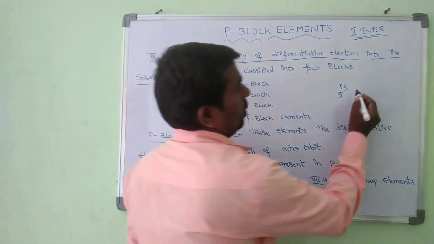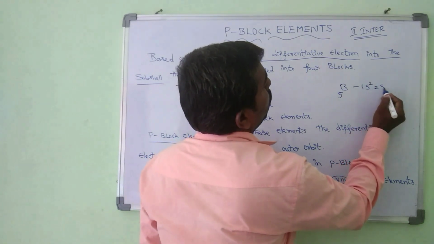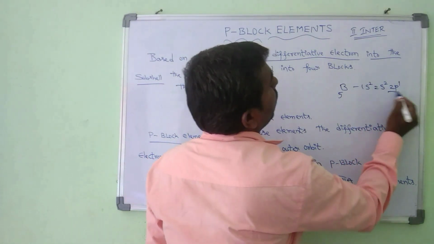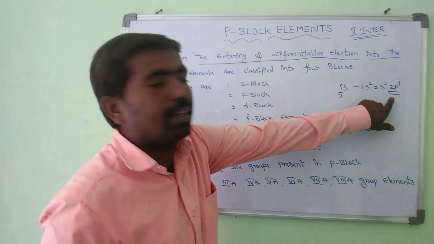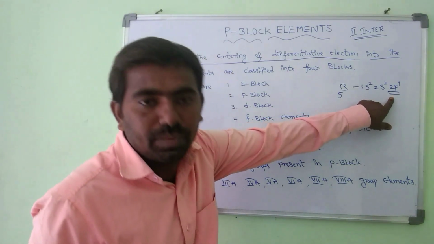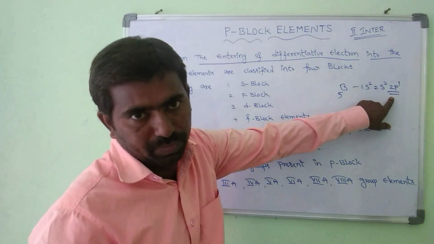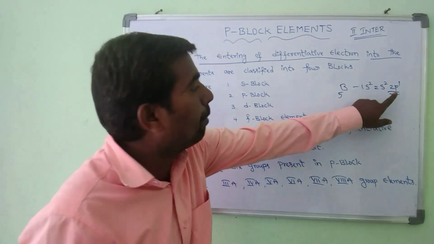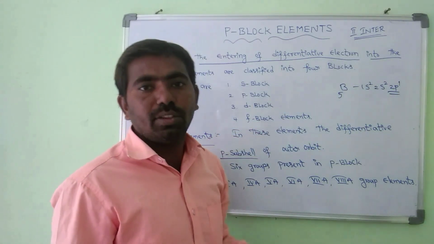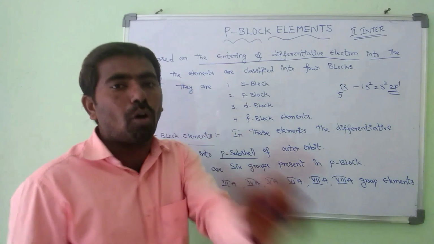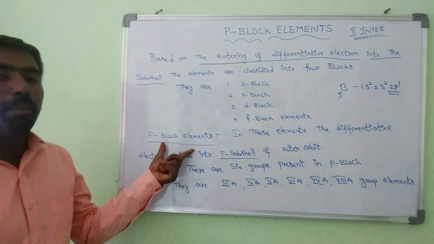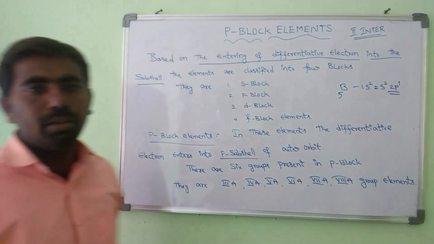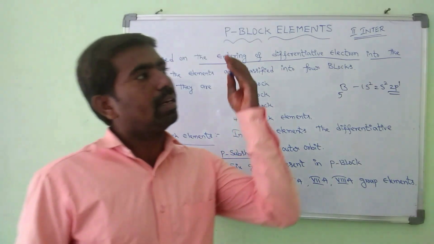The electronic configuration is 1s2, 2s2 and 2p1. This last electron is the differentiating electron as compared to the previous element. This electron has entered the P subshell of the outer orbit. That's why this element belongs to the P block. P block elements are present on the right side of the periodic table.